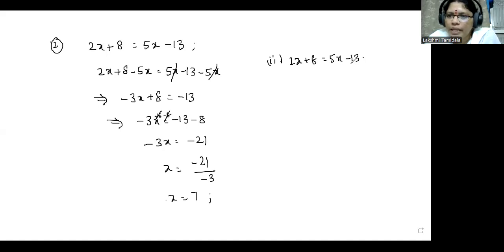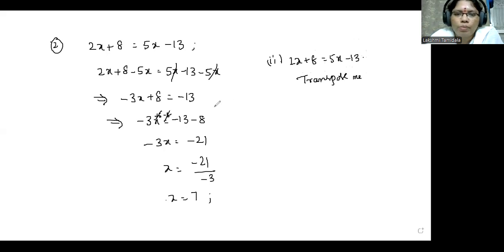If we take anything from one side to the other side, the sign of the constant changes. If it is positive here, it is addition here, this becomes subtraction on this side. As this is subtraction here, -13 will become addition here. This method is called the transpose method.